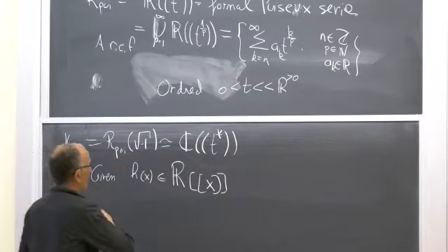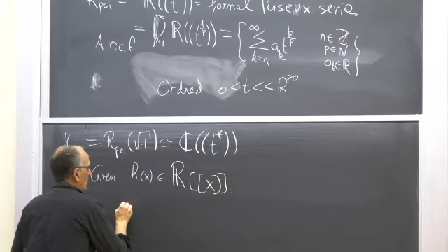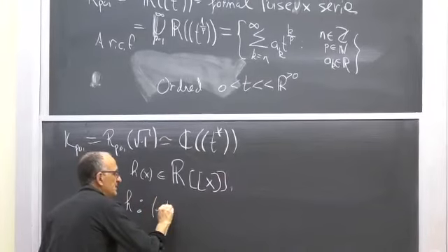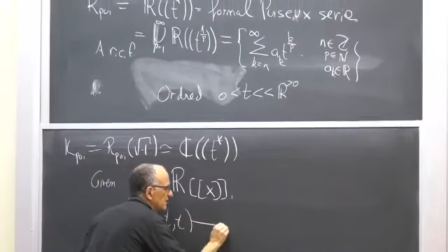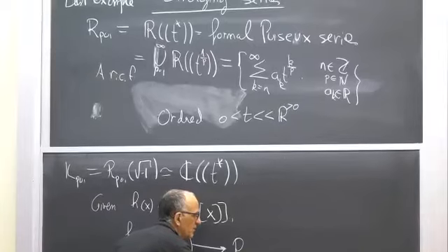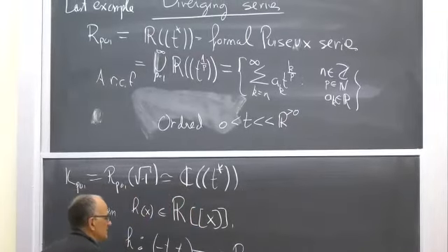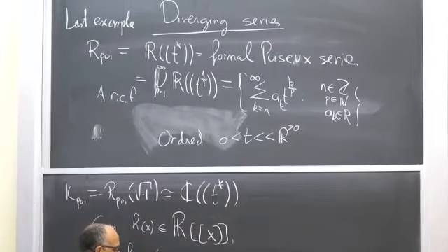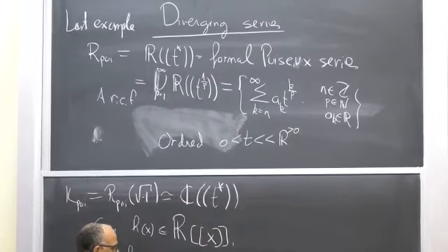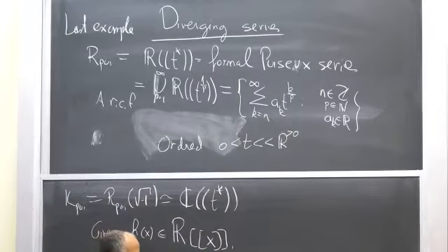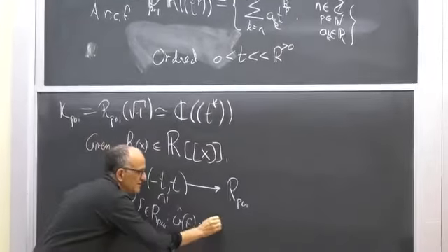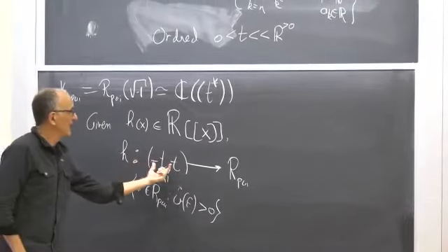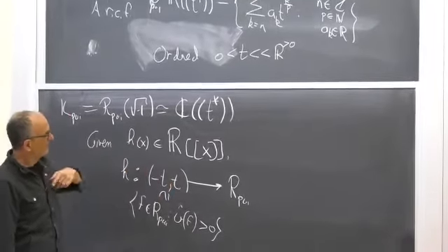And here h defines a function from this infinitesimal interval into R puis. This is well defined because this is a subset of all the elements in R puis whose valuation is actually bigger than 0. So you can evaluate formal power series on elements here. So you get definable functions.